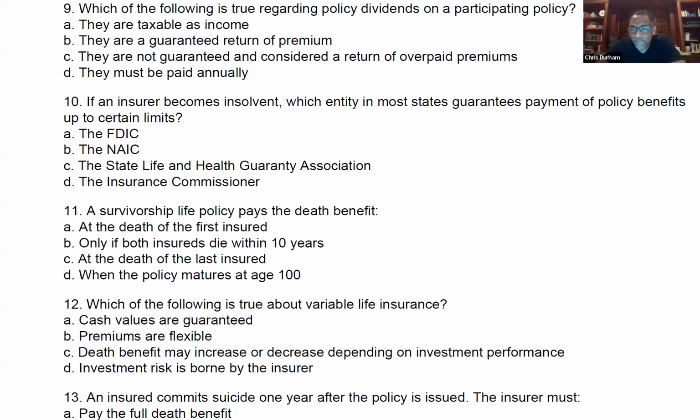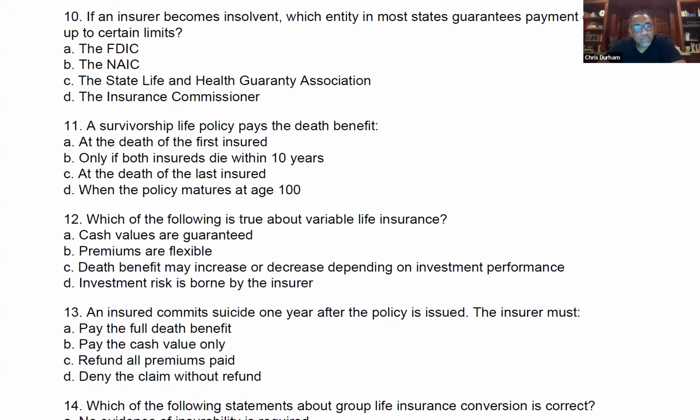Yeah, man, y'all on fire. Look at that. Two in a row. Survivorship is the second to die, the last insured. The answer is C, yes. If it said joint and survivor, joint is first to die, and survivor pays when the second one dies. Got it. All day. Great job.